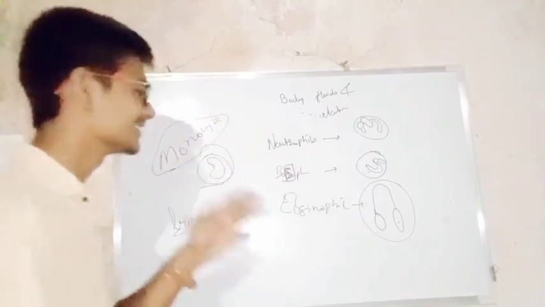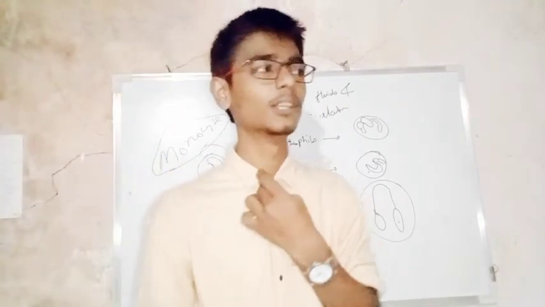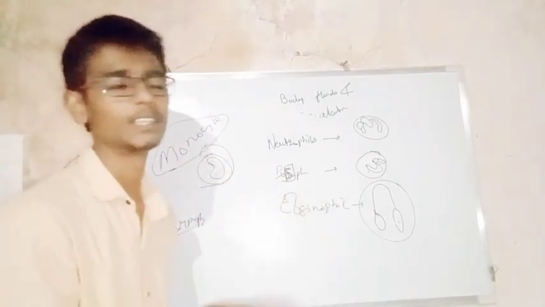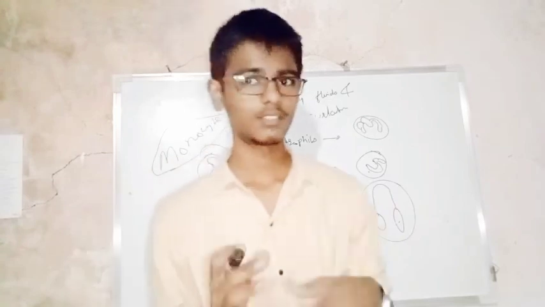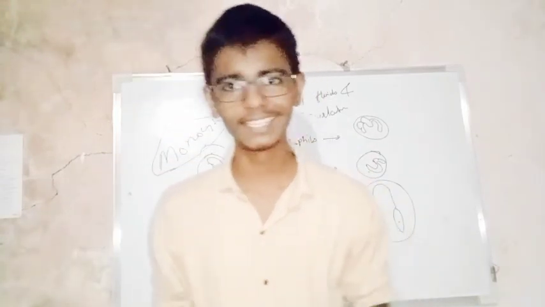And then the lymphocytes. Lymphocytes are for the immune response of the body, whatever their shape is. Then we have to see the thrombocytes, which are the platelets.